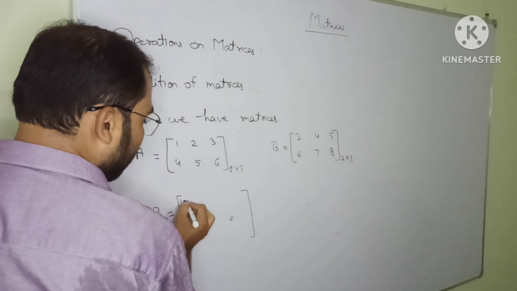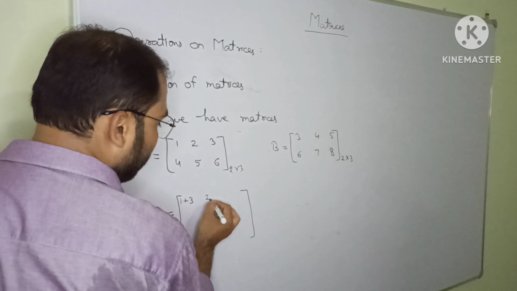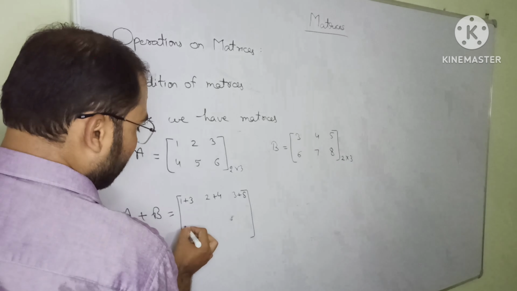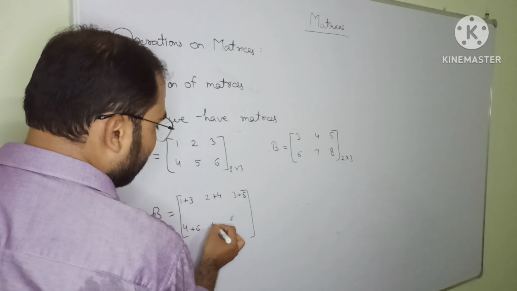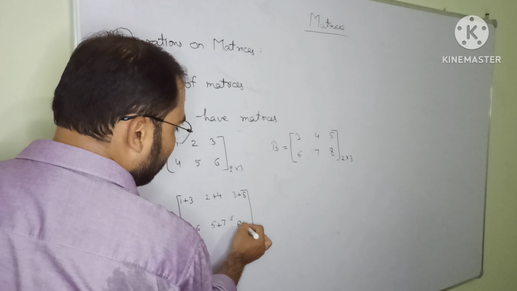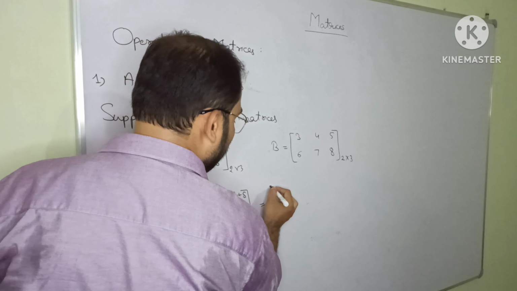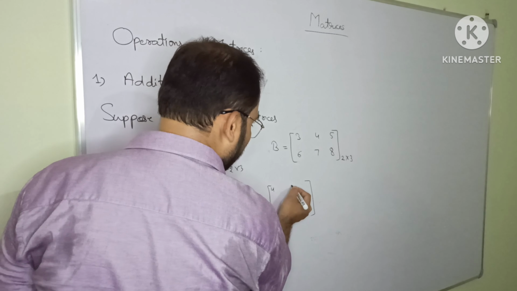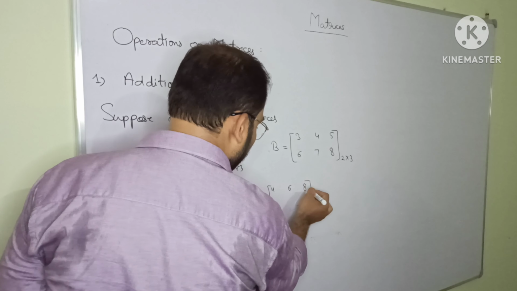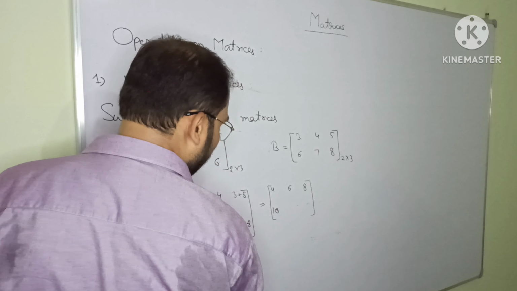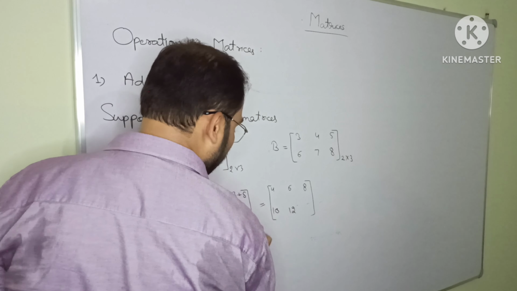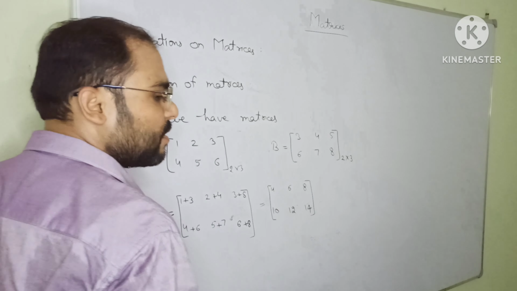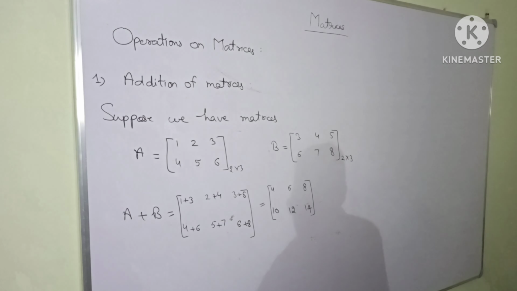So 1 plus 3, 2 plus 4, 3 plus 5, 4 plus 6, 5 plus 7 and 6 plus 8. The resultant matrix is 4, 6, 8, 10, 12 and 14. So this is the addition of matrices.